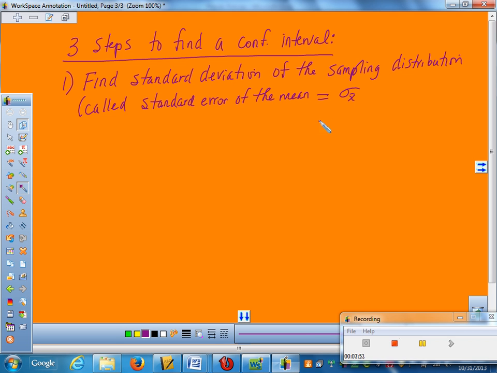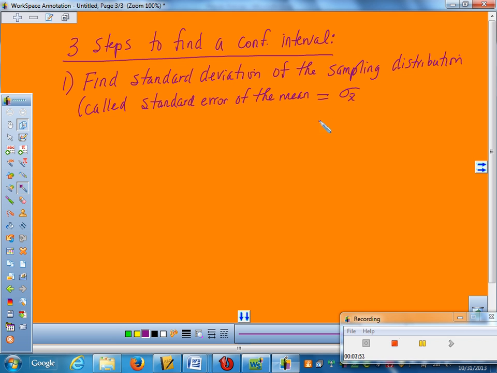We've just done a sample. This is the symbol for standard deviation of a population. But we don't know the mean of the whole population. We are using the mean of the sample to help us find this standard deviation.